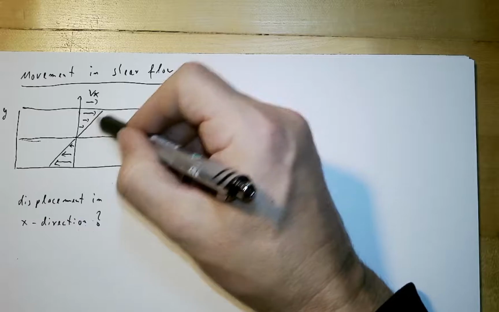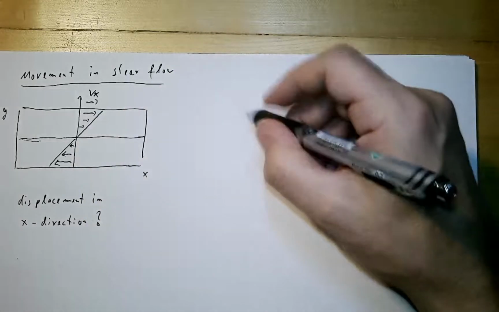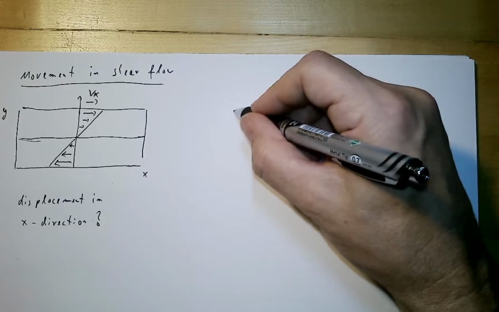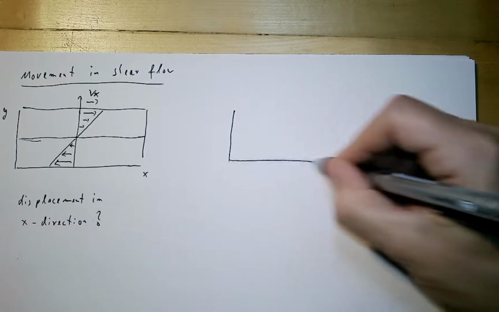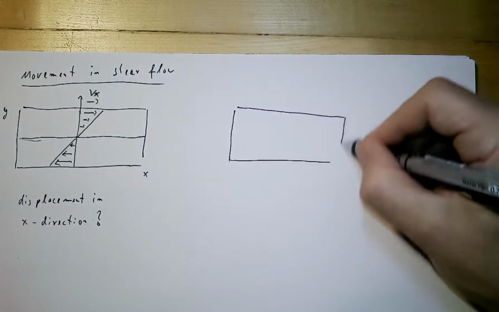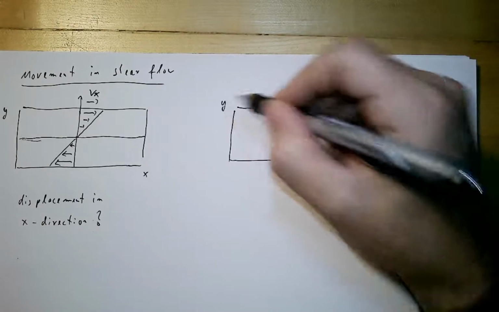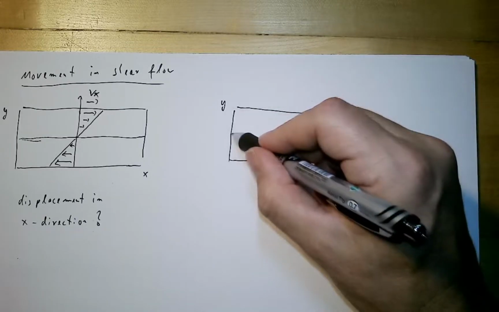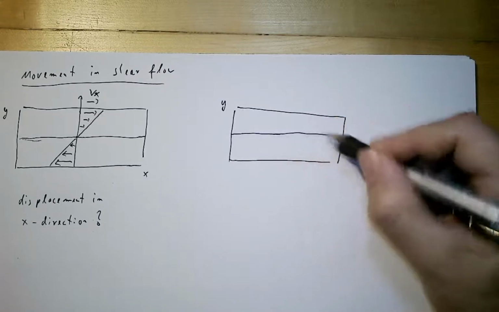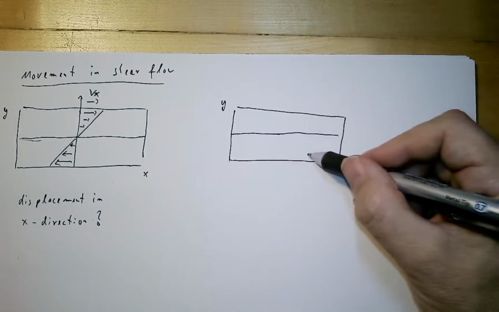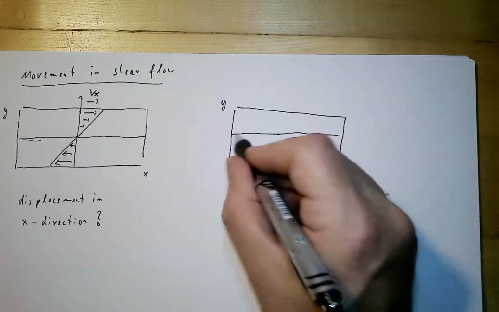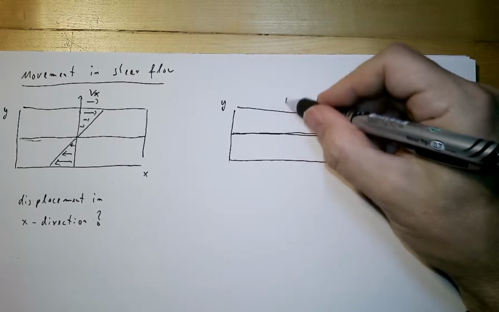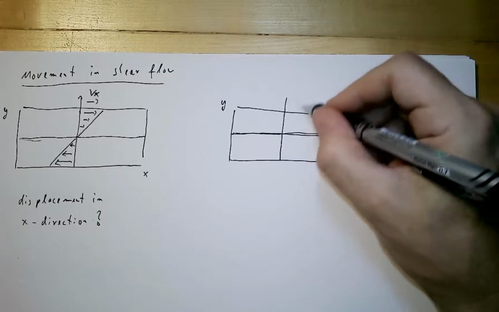Or we could change this velocity profile, and for example, what would happen in this kind of profile? So we have again our two-dimensional walk. In the y direction we go randomly, a random walk in y direction. We have again a higher and lower level. Now let's assume the profile of our shear flow is different.